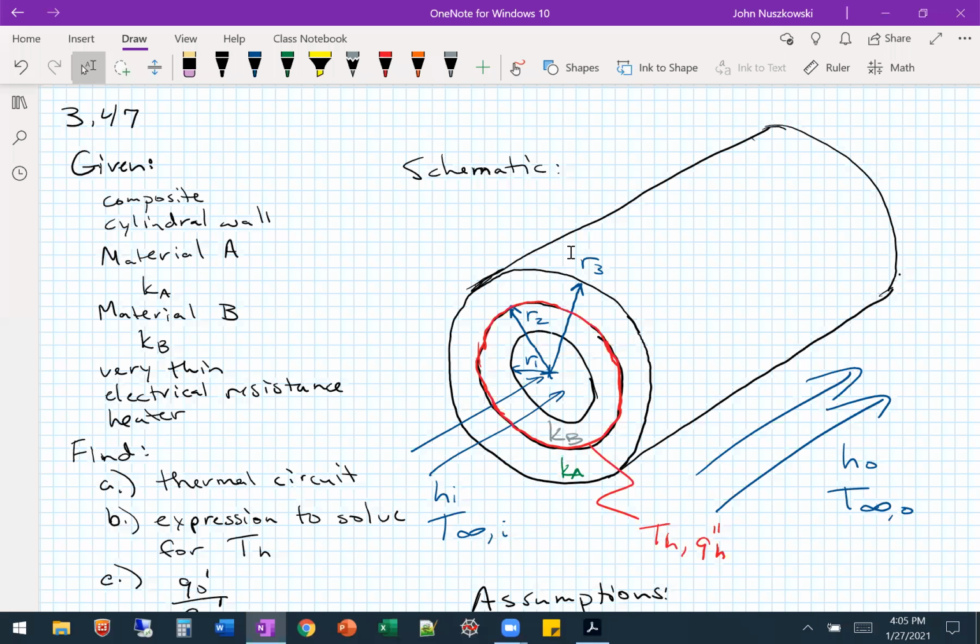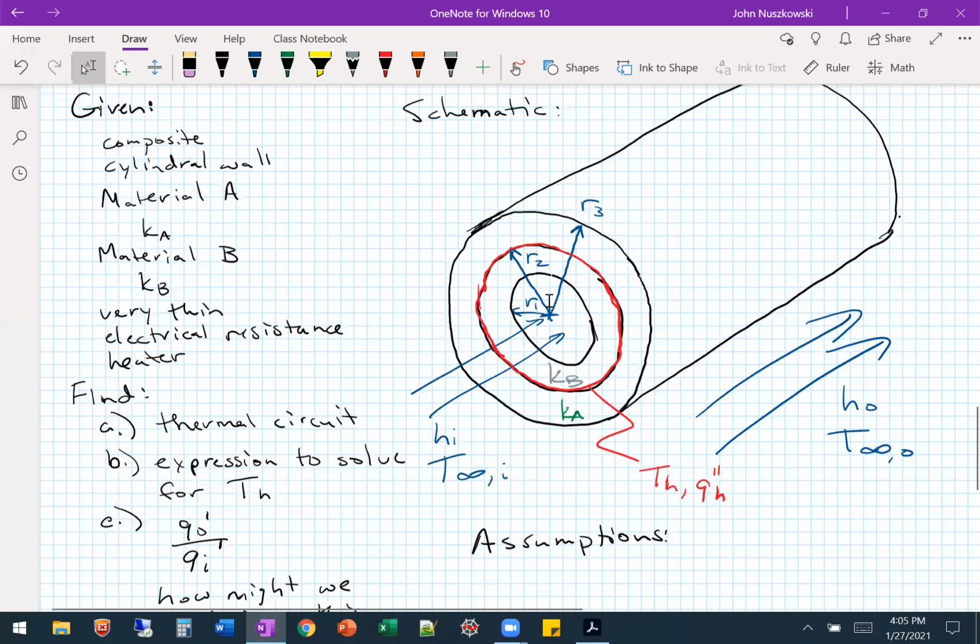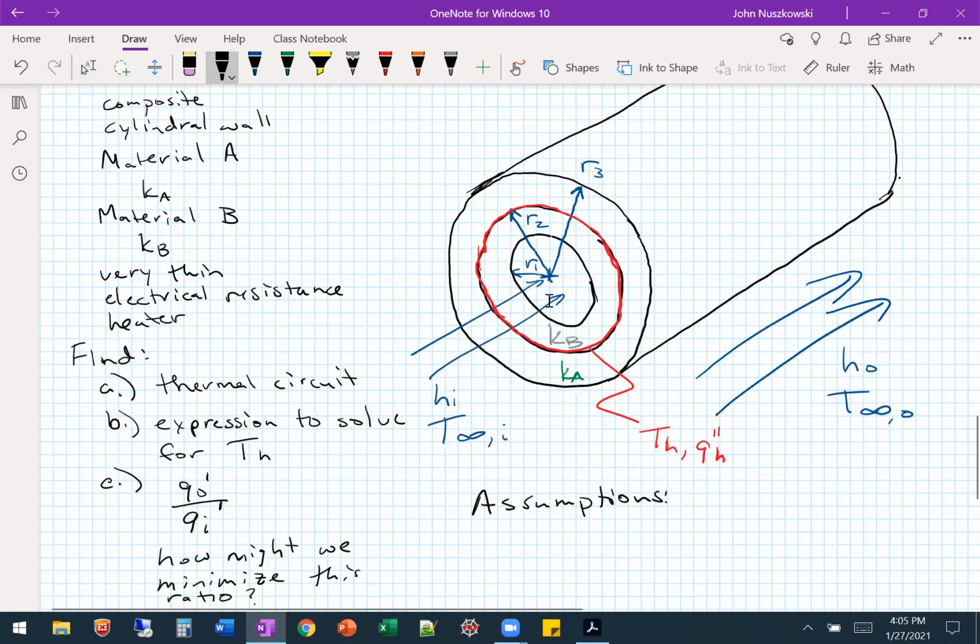Okay, so to draw a thermal circuit, we have a few things that have to be assumed, right? So what are those assumptions? Steady state, one-dimensional, constant properties.